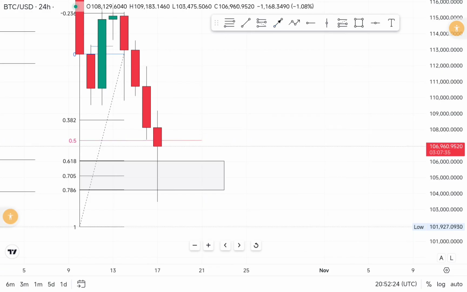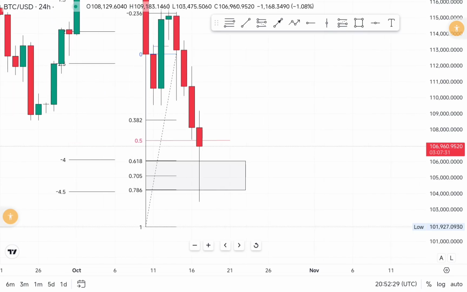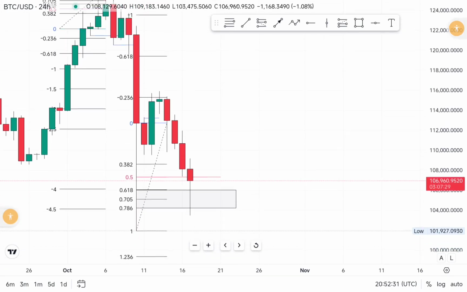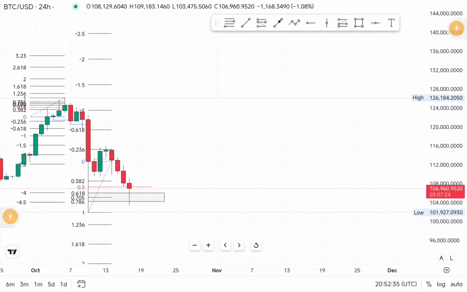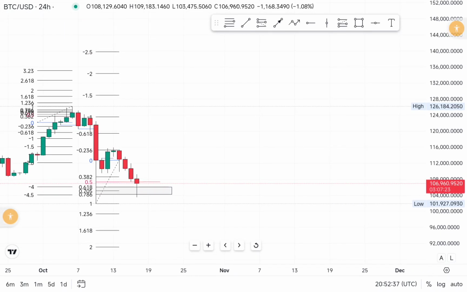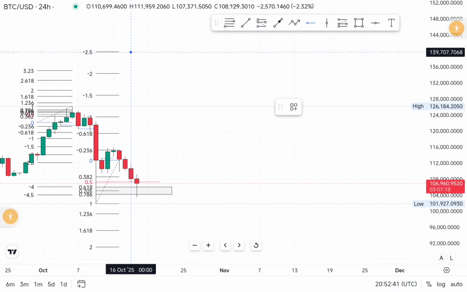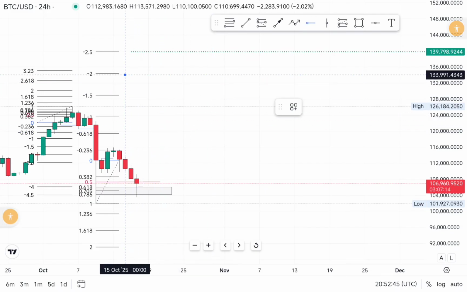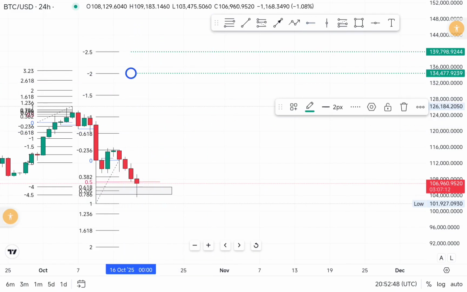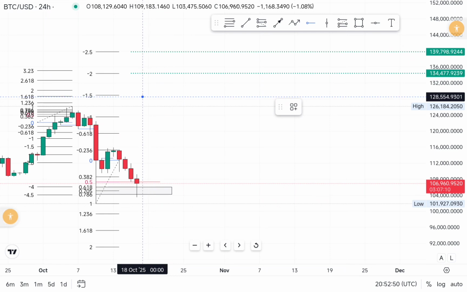So the overall trend movement from here will be an upward movement. But before that, we are expecting the price to pull back and test the 0.618 to 0.78 region.